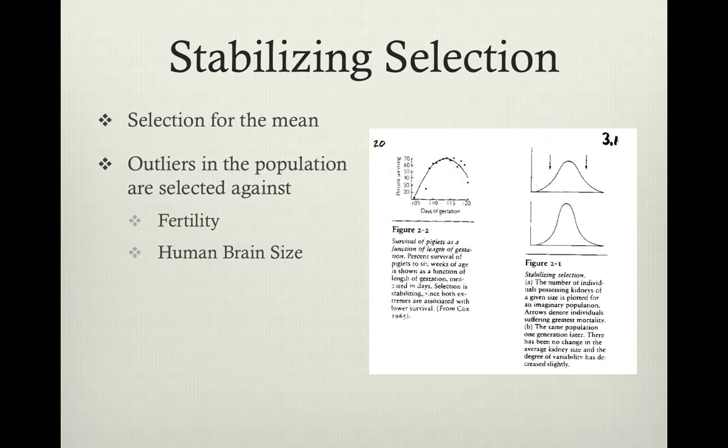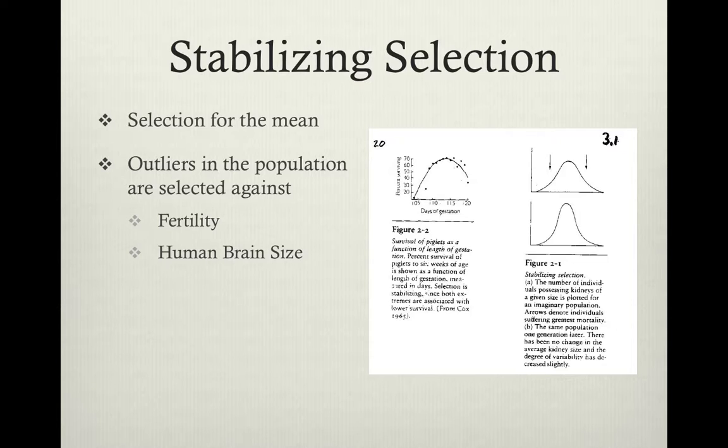So we'll take a few minutes to discuss the ways in which natural selection can operate in a given population, the ways that it can change population values of phenotypes. The first of these is stabilizing selection. Stabilizing selection occurs when natural selection favors the mean expression of a trait and disfavors or selects against outliers.